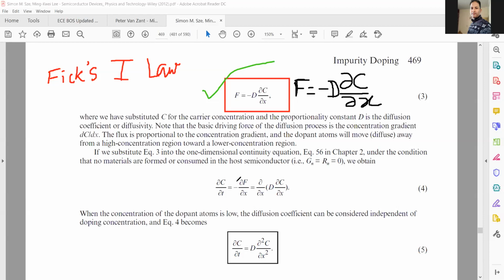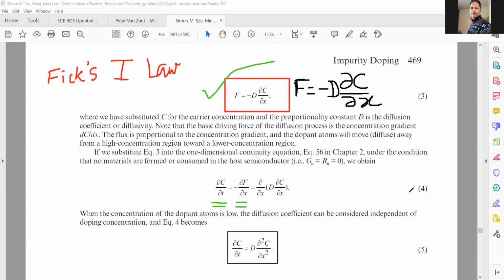Okay, so if you write an expression for that, the change in concentration is equal to the gradient of flux, with a minus sign.